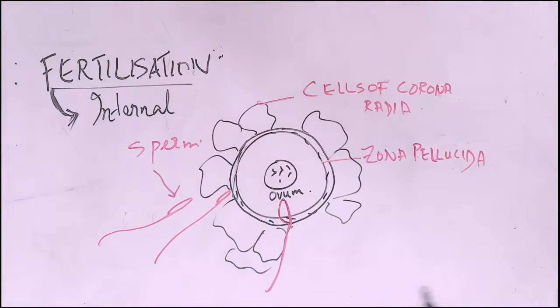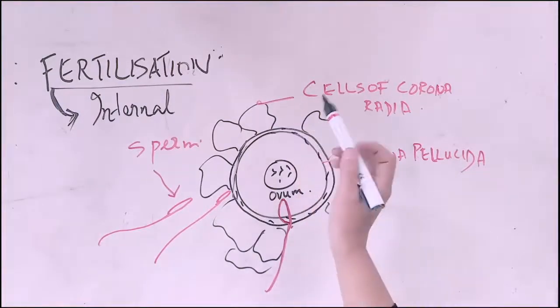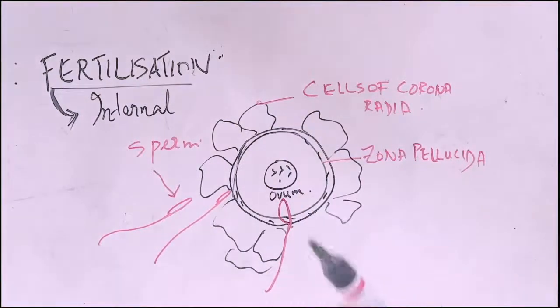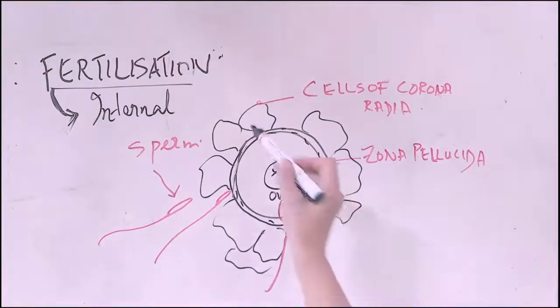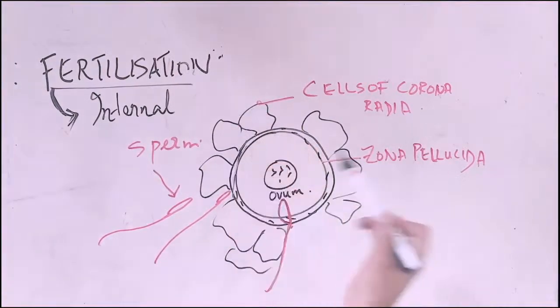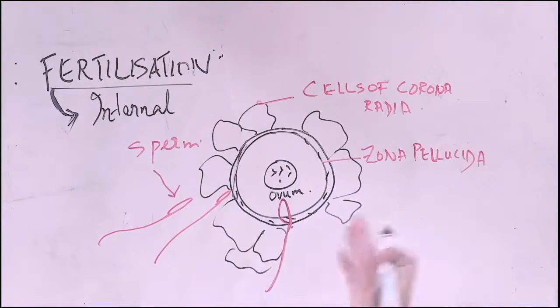The sperm has to cross barriers: first the corona radiata, then the zona pellucida. How do they still go through these layers?